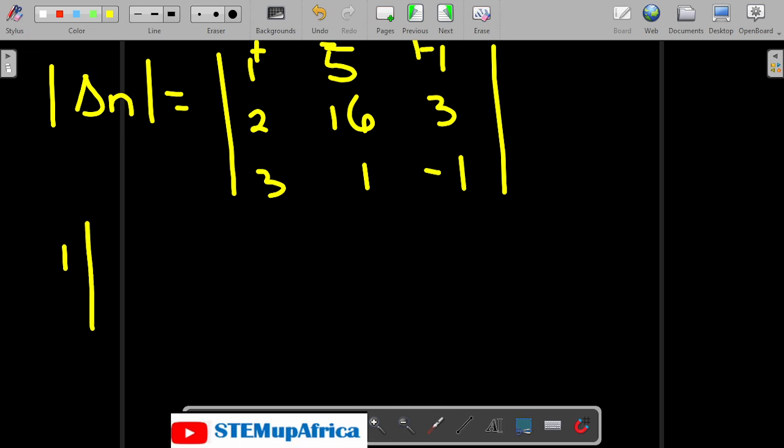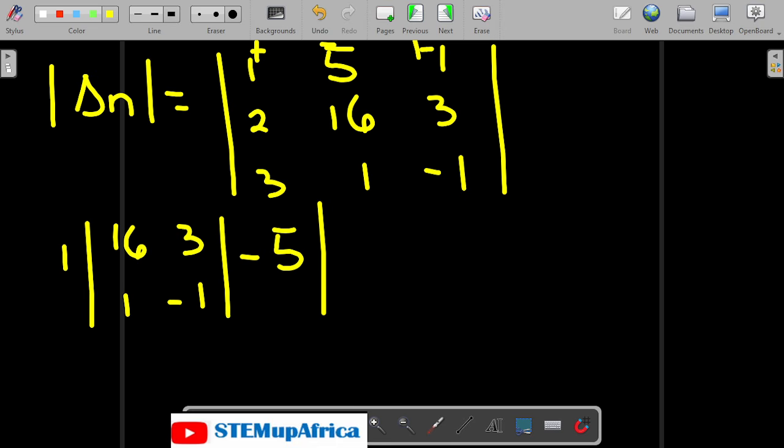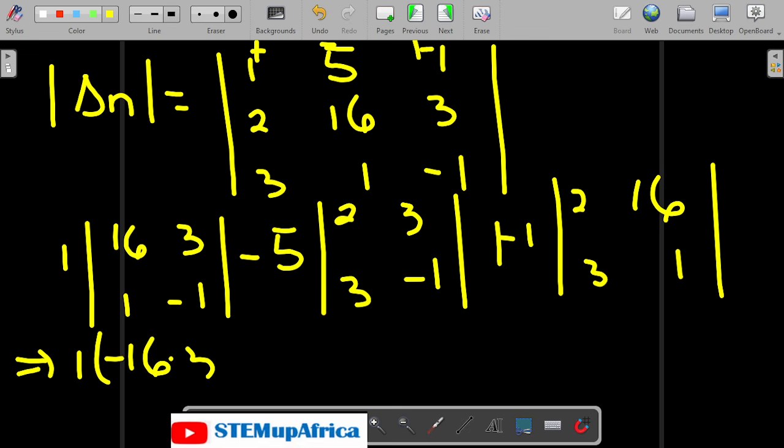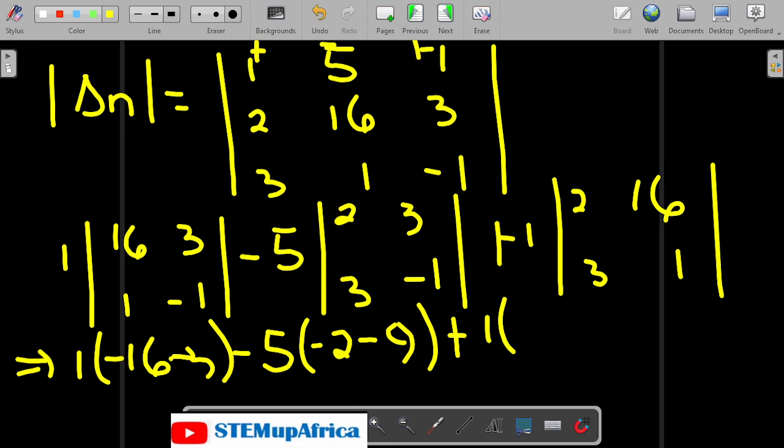So I'm having 1 times the minor 16, 1, 3, minus 1, minus 5 times 2, 3, 3, minus 1, plus 1 times 2, 3, 16, 1. If I simplify, this implies 1 into minus 16 minus 3, minus 5 into minus 2 minus 9, plus 1 into 2 minus 48.